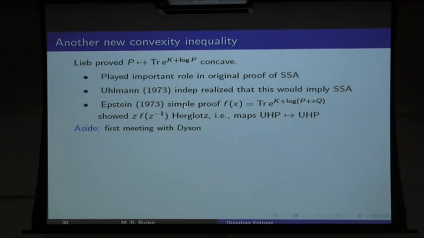And Ullmann, again working alone in Leipzig, independently realized by the argument I gave you before that if you could prove this, you could prove strong subadditivity. He had a completely different argument. And soon after Lieb's work, Epstein gave an alternate proof of Lieb's inequalities using the theory of Herglotz or operator monotone functions.